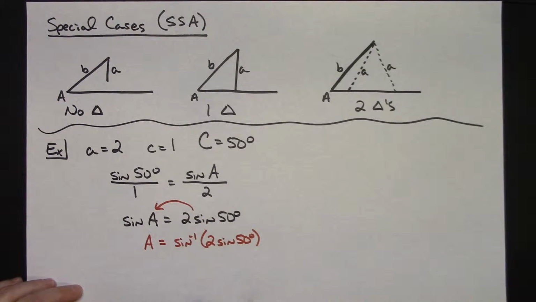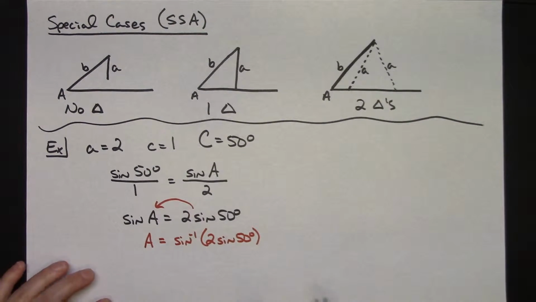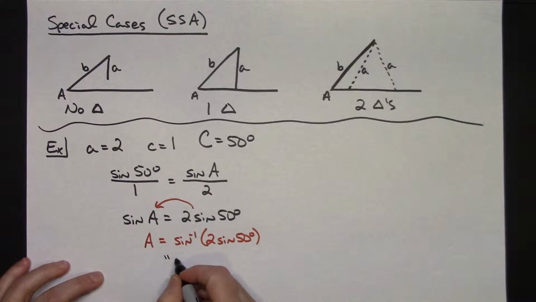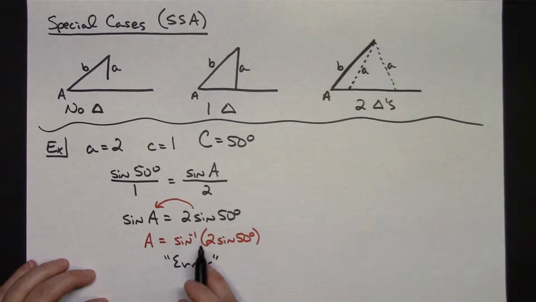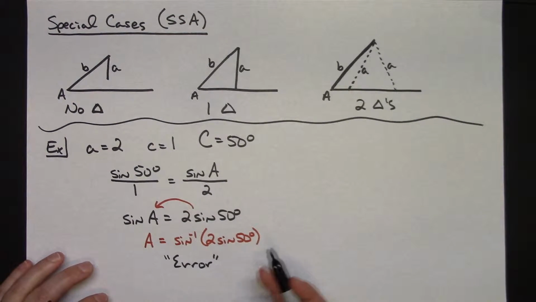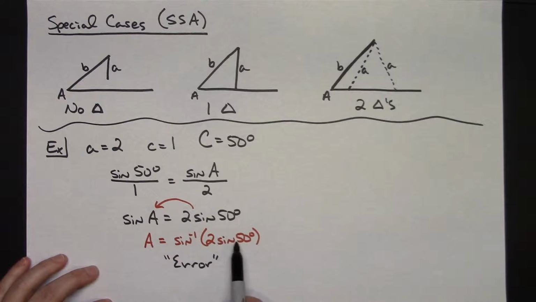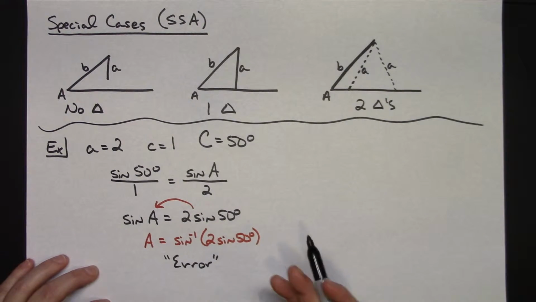Now as soon as you do that, something unusual is going to happen. You probably definitely need to pause the video and try this on your calculator. You should end up with an error. It might say math error, but it's going to be an error. In which case that means there is no angle A. If no angle A exists, then when we look at this value right here, no angle A exists for any sine value that's greater than 1.